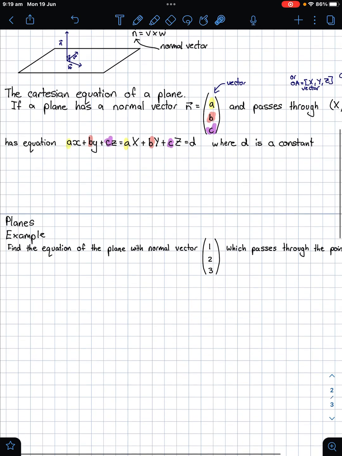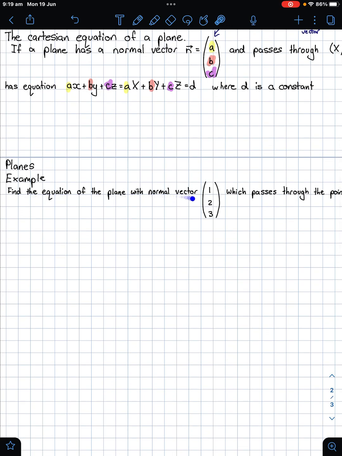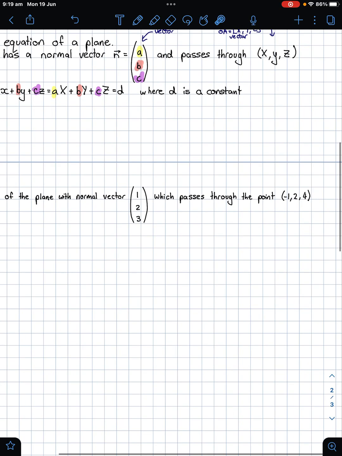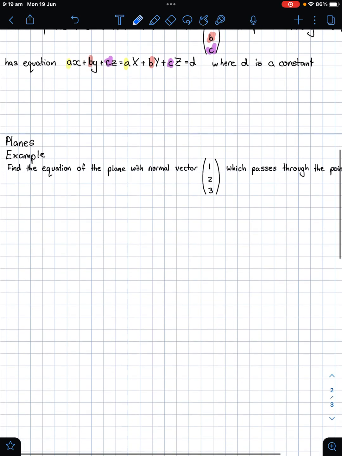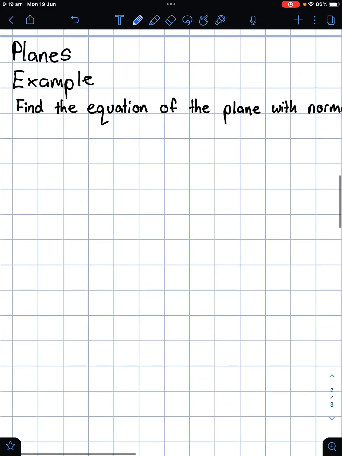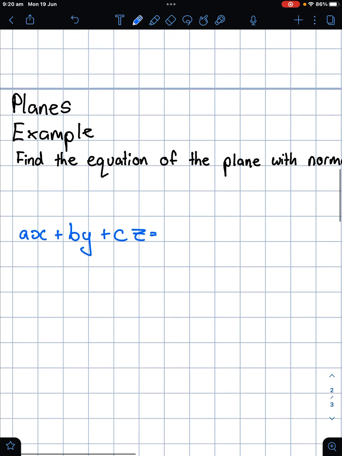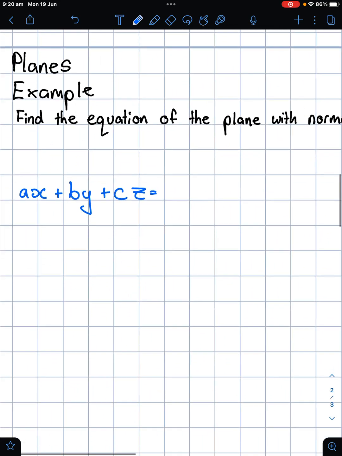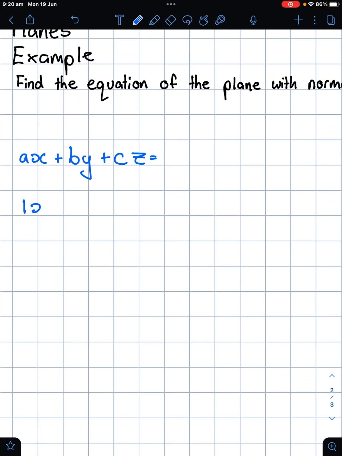Okay, so let's look at an example of this. Find the equation of the plane with the normal vector 1, 2, 3, which passes through the point -1, 2, 4. Straight off the bat, looking at the one above, I'll write this out twice. We've got ax plus by plus cz, and remember the normal is 1, 2, 3, so we've got 1x plus 2y plus 3z.